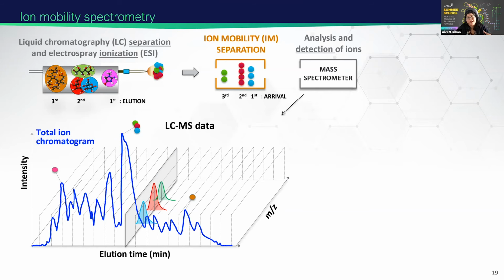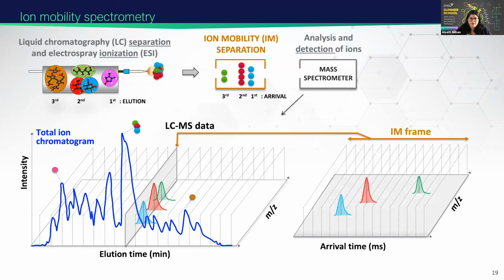And what we can do is add another extra separation step, another dimension in the data, with which we can further characterize and separate molecules that are not possible to separate by LC alone. So instead of having one single spectrum per LC time point, we have what we call an ion mobility frame, which is multiple spectra that the instrument is collecting following the ion mobility separation.